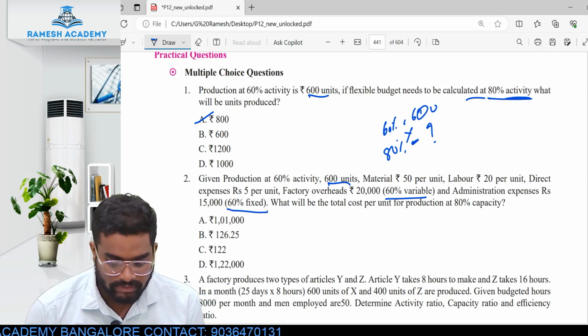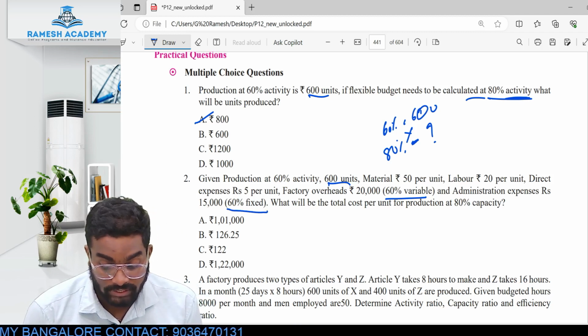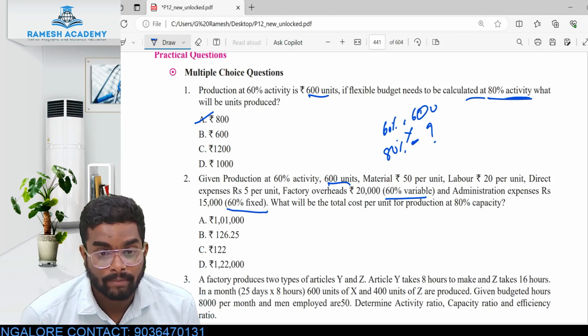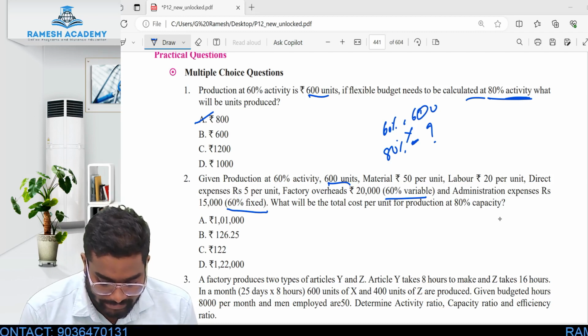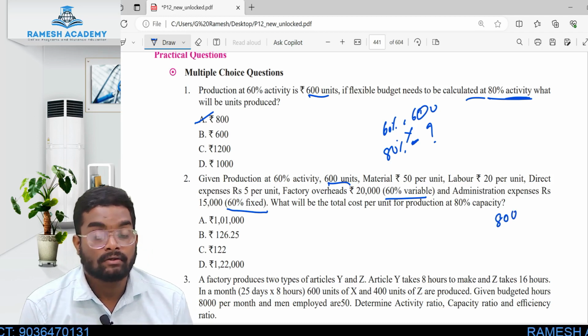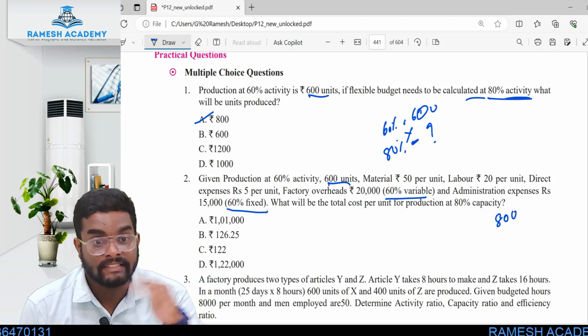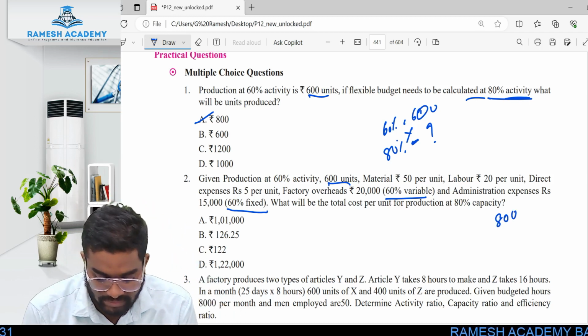What will be the total cost per unit at production at 80% capacity? First of all, the number of units would be 800 as per the previous question.